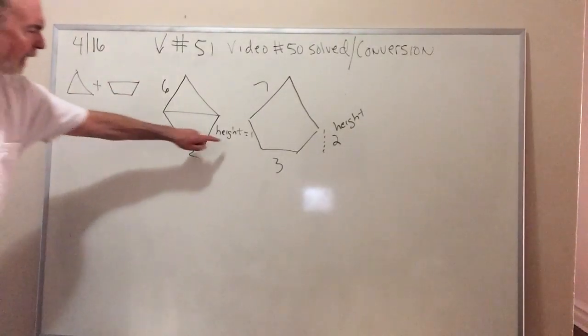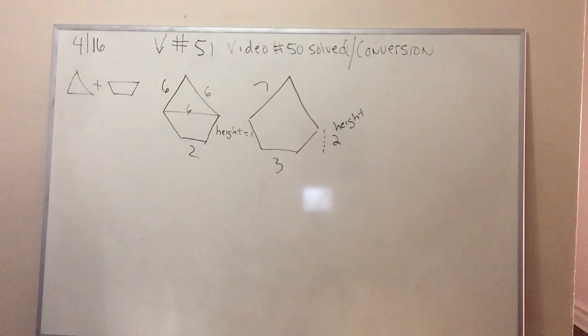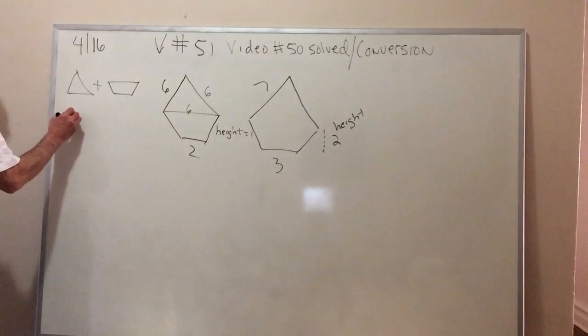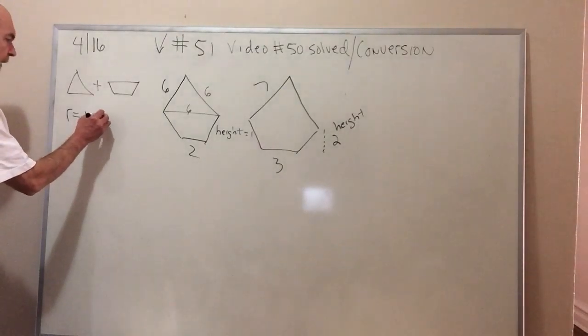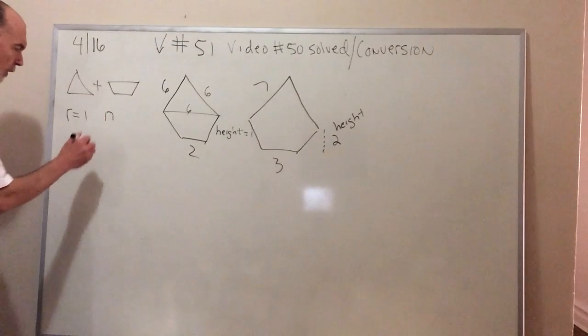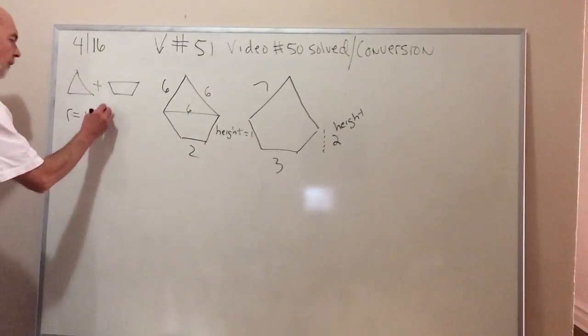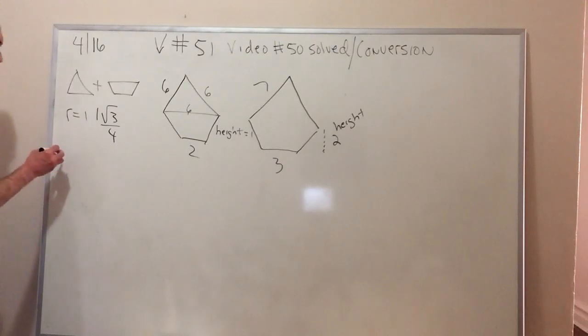And I gave it a height of 1 and a base of 2, and of course this is 6 and this is 6. And now I'm going to show you how easy it is, so I don't have to draw the perpendicular bisector. I don't have to go through all that stuff, since when r equals 1, then the area is, excuse me, not pi, radical 3 over 4, and I'm putting a 1 here to make that clear to you.